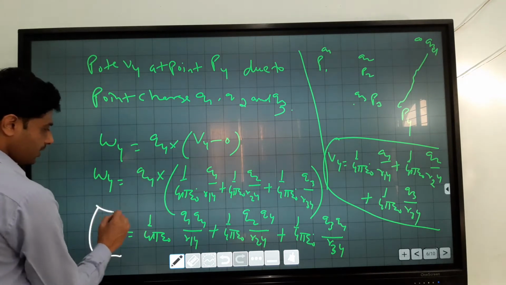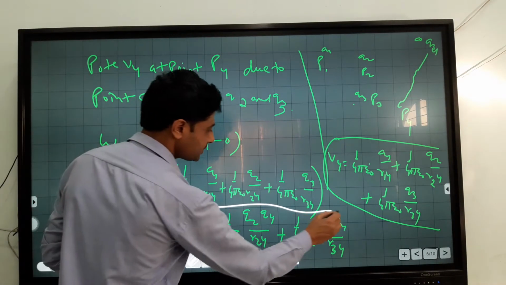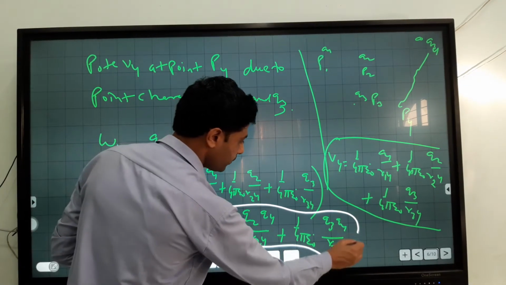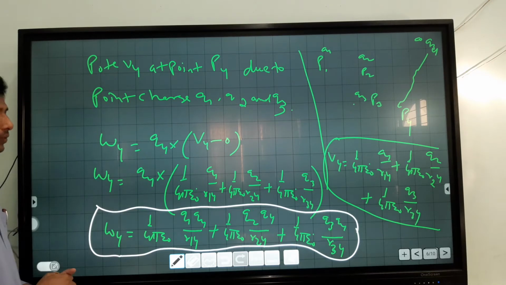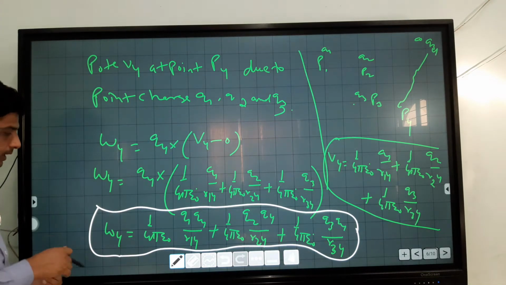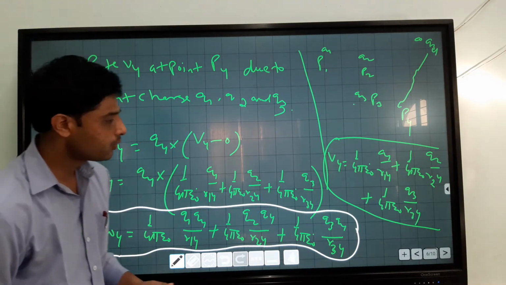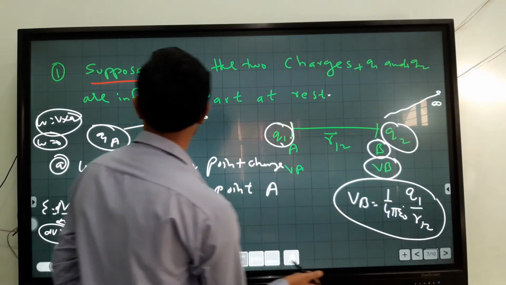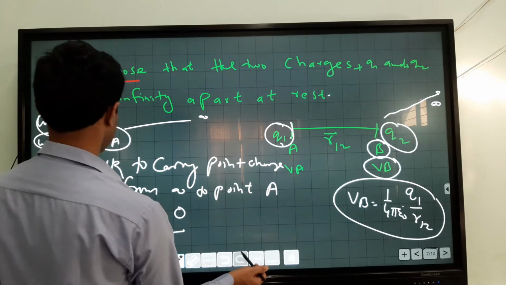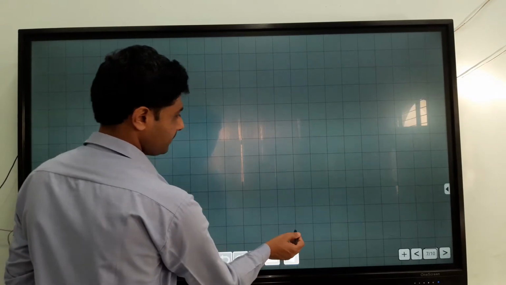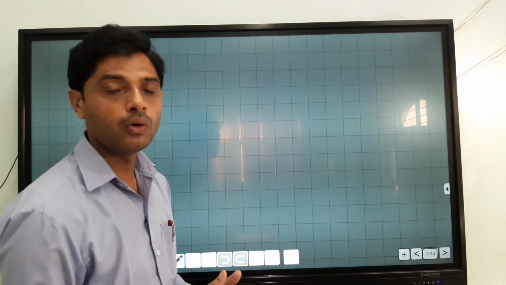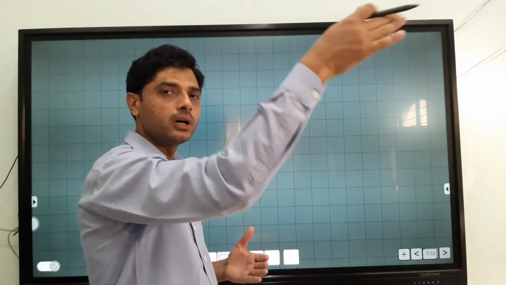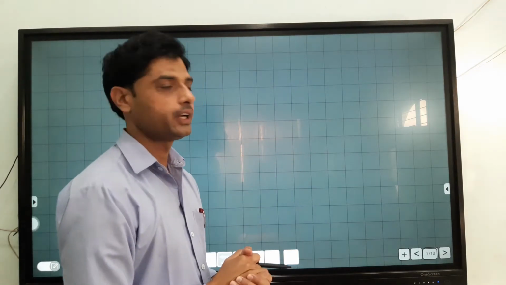This is the work done to carry charge Q4 from infinity to point P4. So by using this method we can find the work done for other charges to carry from infinity to their respective points.